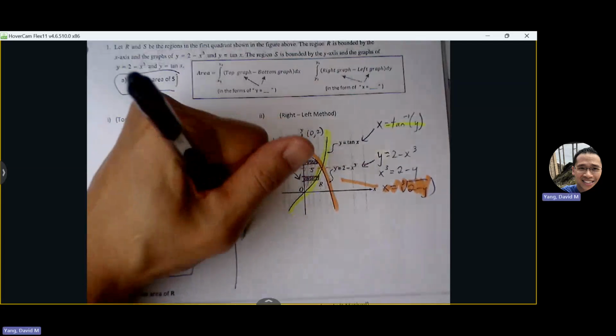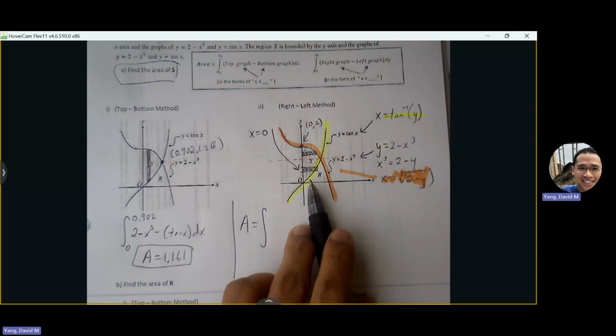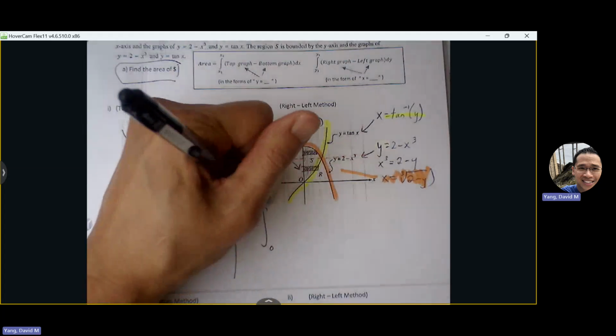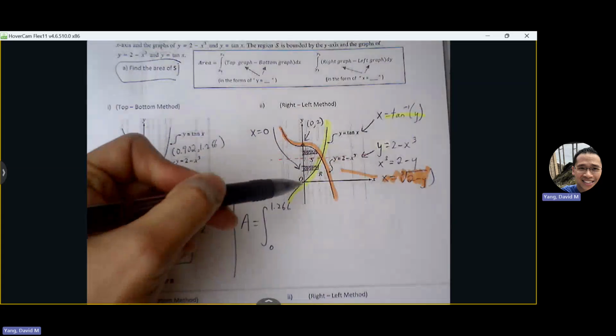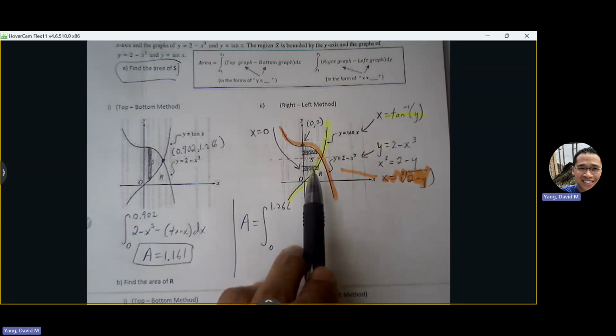So here's my area formula. I'm going to start at the bottom here. I'll do the bottom region first. So the lowest y value is 0. My highest y value of my lower region is 1.266. We found that with the ordered pair from part A. So from 0 to 1.266, I'm stacking these horizontal rectangles, and my right curve is sitting on the yellow.